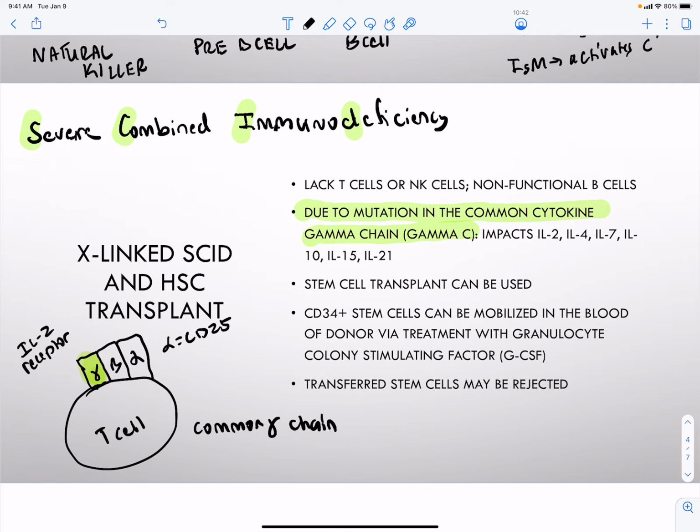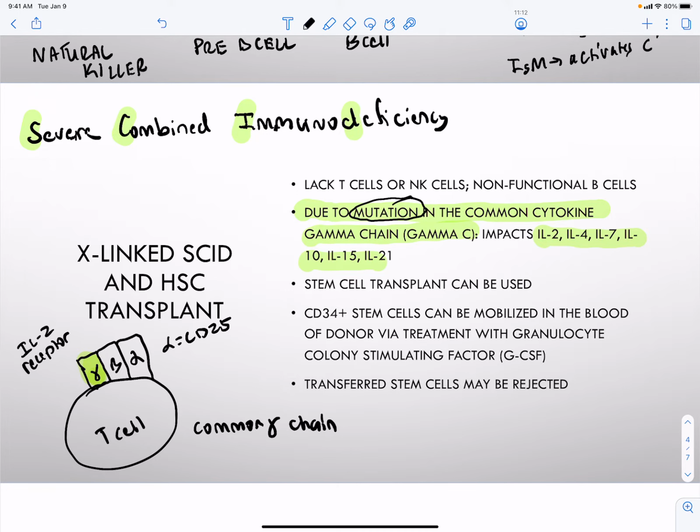And this common gamma chain is going to be found on all of these different cytokines: IL-2, IL-4, IL-7, IL-10, IL-15, IL-21. And so if you have a mutation in the common gamma chain, you're not only knocking out IL-2, but you're knocking out all these other cytokines. And these cytokines are very important growth factors for T cells as well.